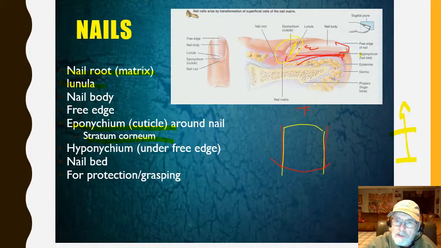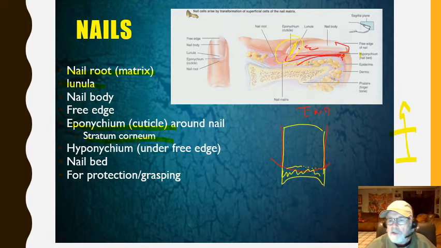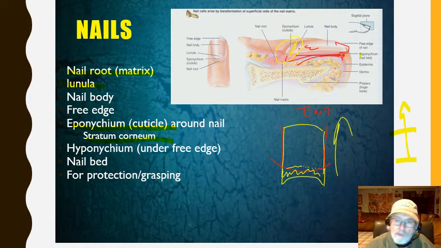Then the nail comes way back underneath there, probably a little bit more than 1/8 of an inch. The lunula sits out in this area, and this is the metabolically active area of the nail, where the nail is going to grow outwards from the area of the lunula or the nail bed.